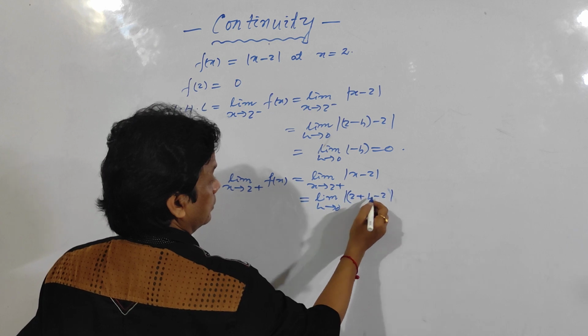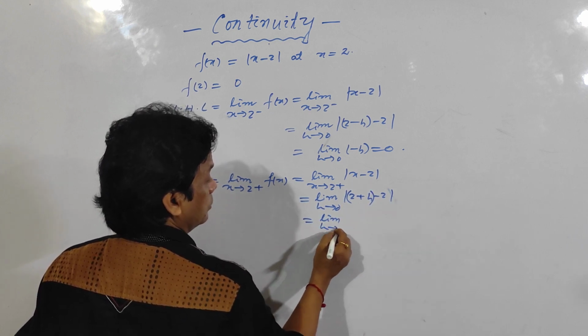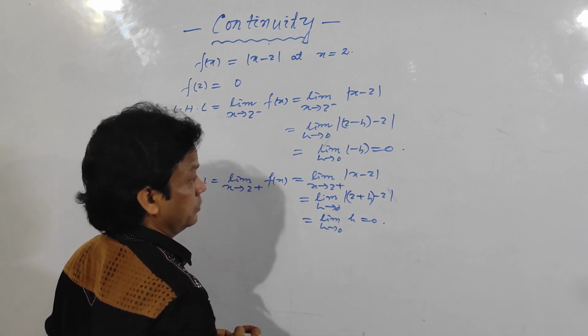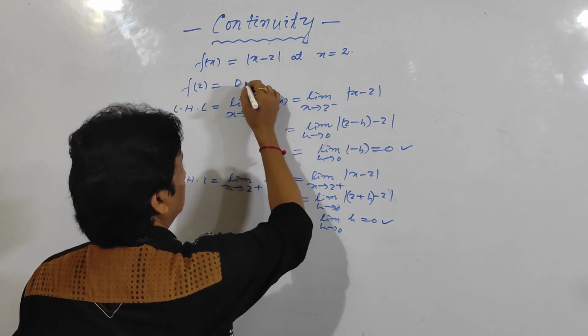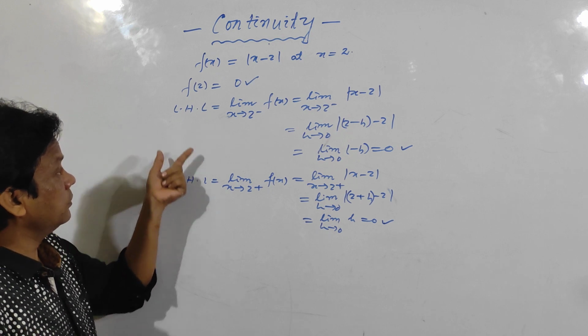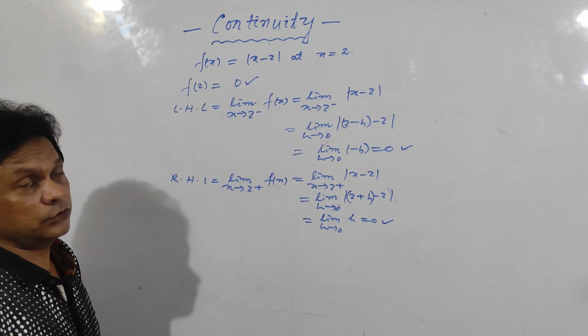So minus 2 plus 2 cancel out. So limit h tends to 0, it is h, which is equal to 0. If we put h equal to 0, it is 0. So right hand limit is 0, left hand limit is 0, and the function value is 0. So finally you should write that RHL is equal to LHL is equal to f of 2 is equal to 0. So the function is continuous at x is equal to 2.